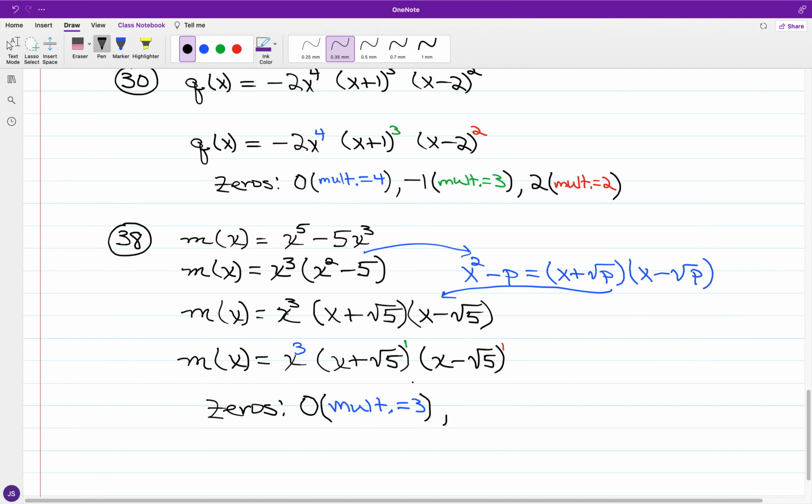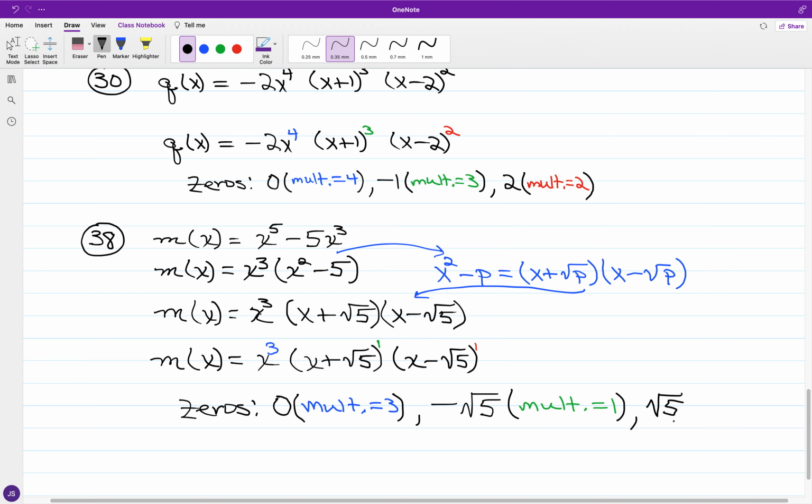And for the others, now we're going to have irrational roots. Now for x plus the square root of 5, if I were to set that equal to 0, I would have that x is equal to the negative of the square root of 5. And since that factor is a first degree, the multiplicity is going to be 1. And for x minus the square root of 5, if I set that equal to 0, we have x is equal to the square root of 5.